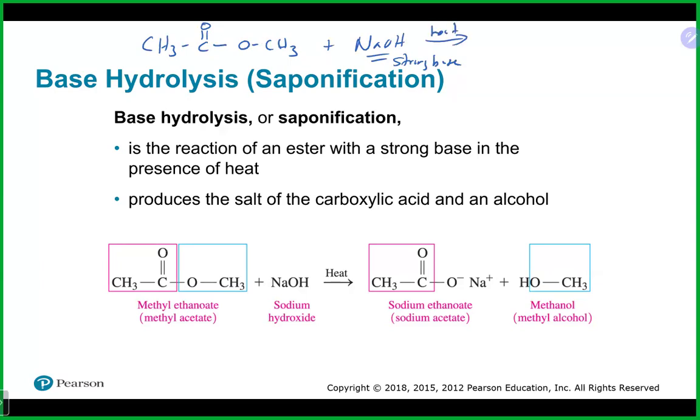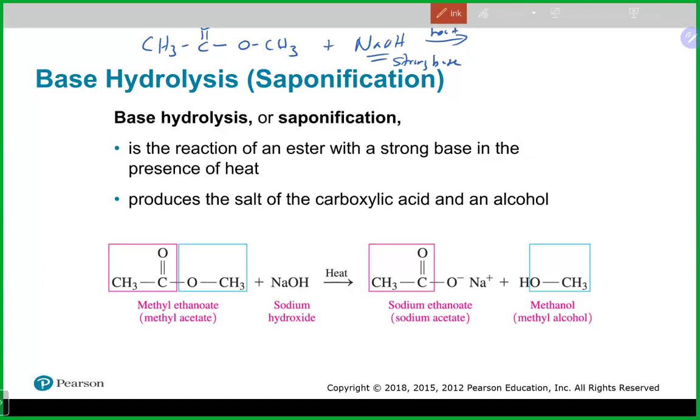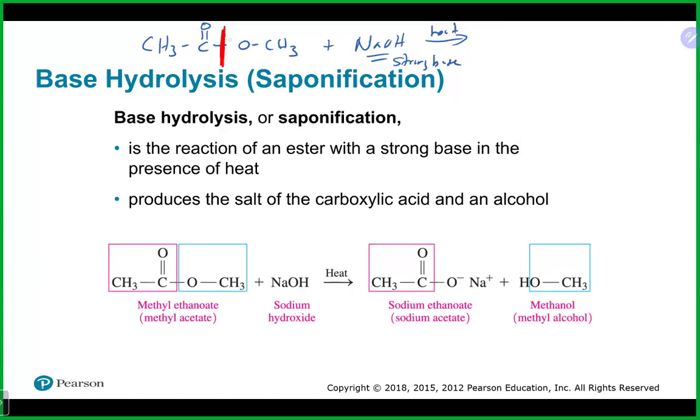Now, it still really works kind of the same way. We're again going to break this guy up at the exact location. And when we do so, we will get our two parts like we had on the acid one. We'll get this part here, and we'll basically get this part here.